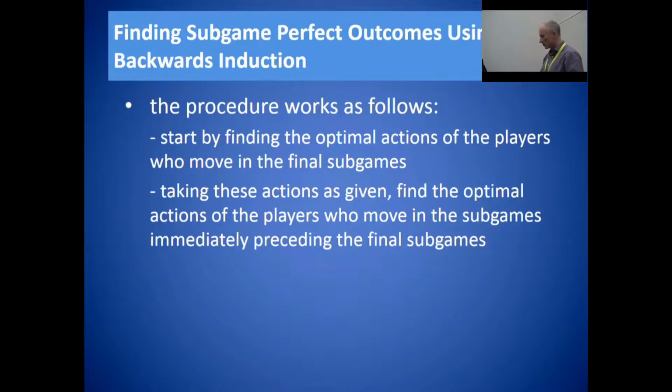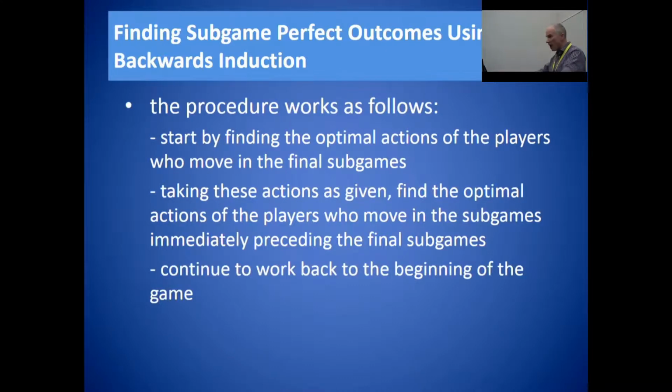Then you take those strategies as given, and move to the preceding round again. And keep on moving backwards until you arrive at the very beginning of the game. That's the process of backwards induction.